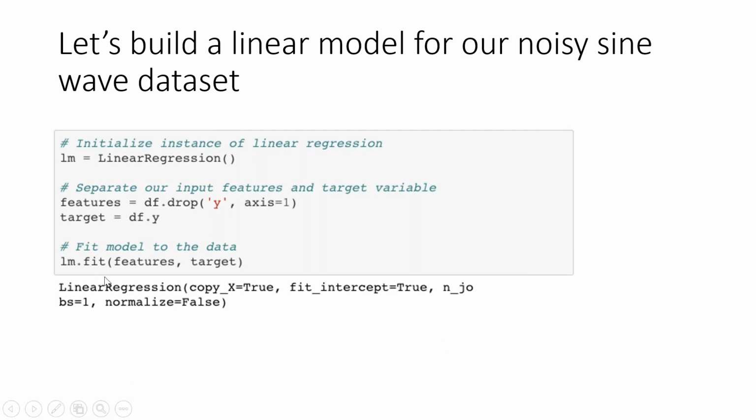Now using this lm dot fit and passing features and target, you are telling your linear regression algorithm, hey, here is my data, learn from it. This is very simple data, only 100 rows, but with real data it will be some 150 columns with 1 lakh rows.